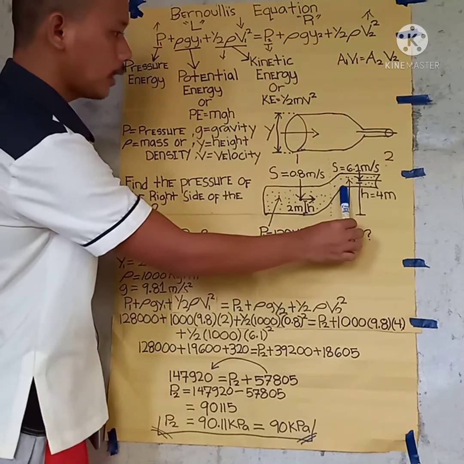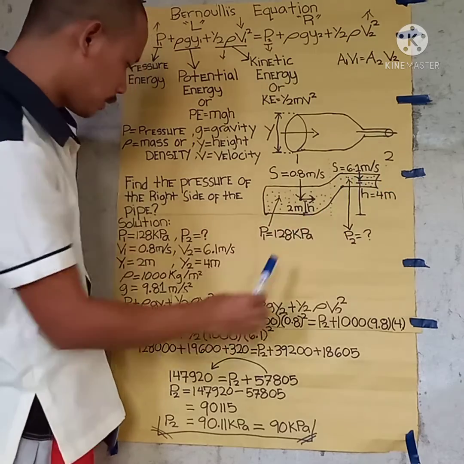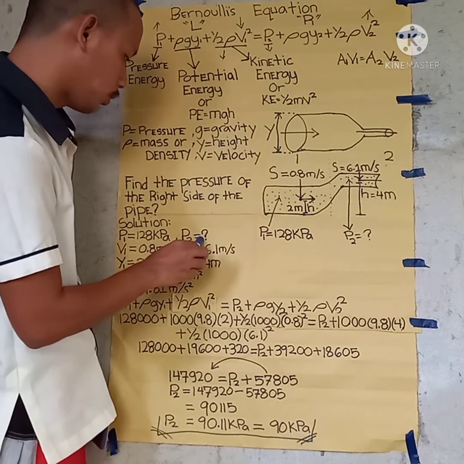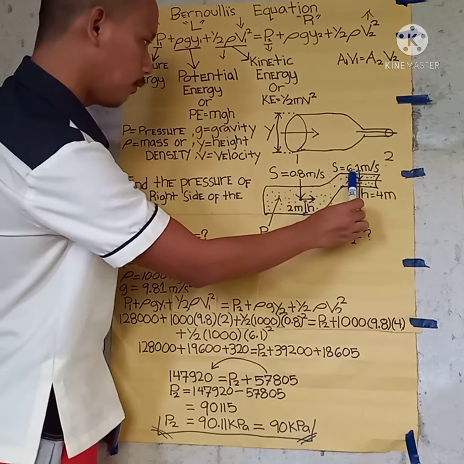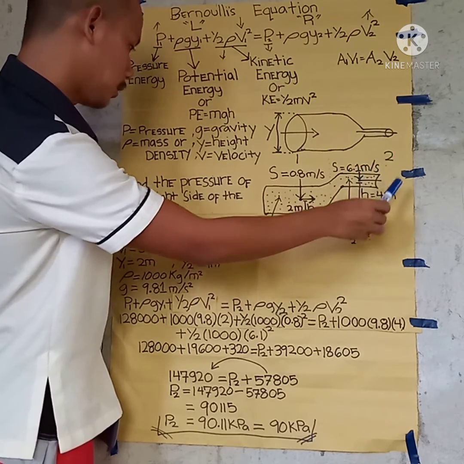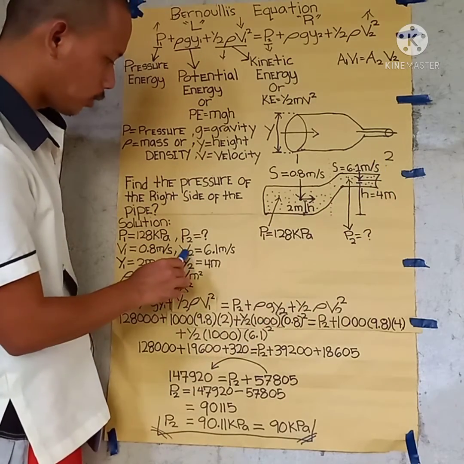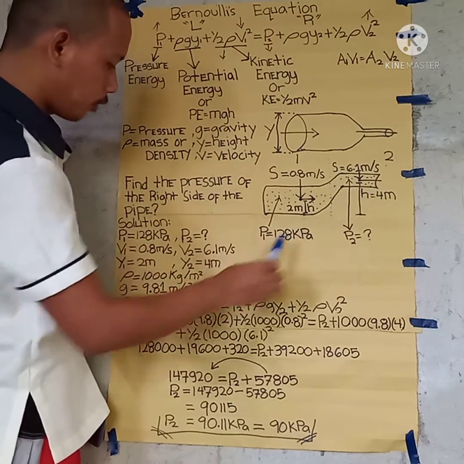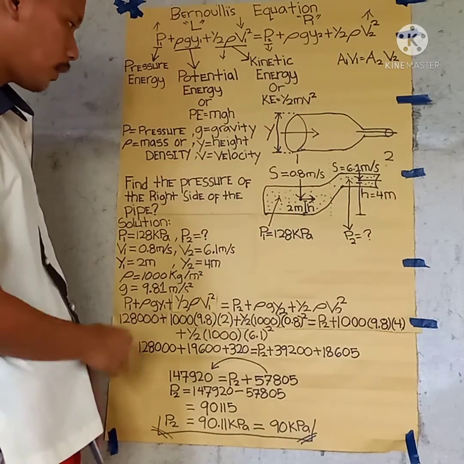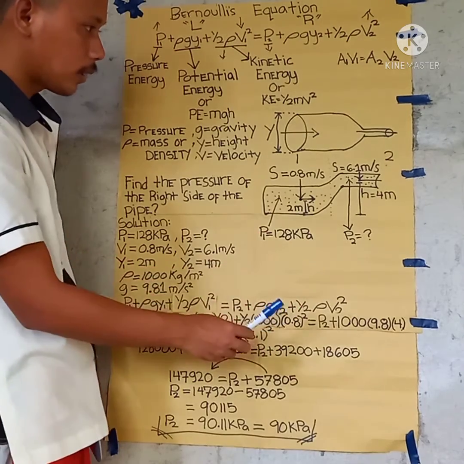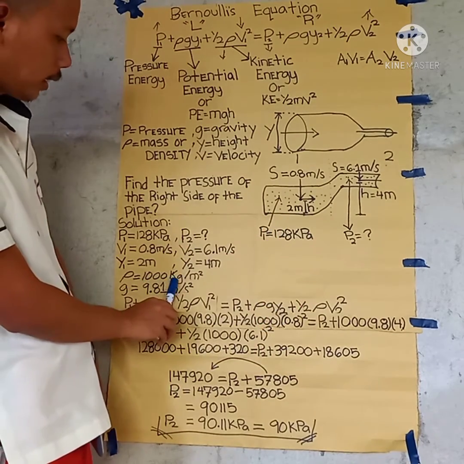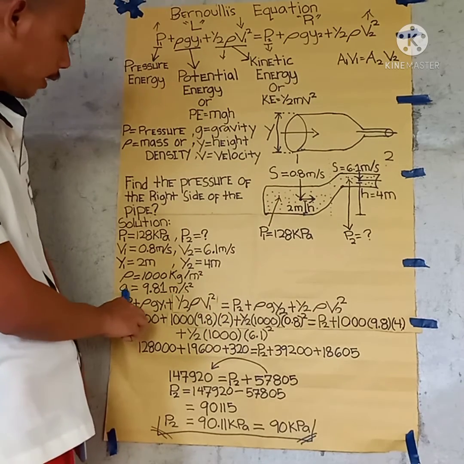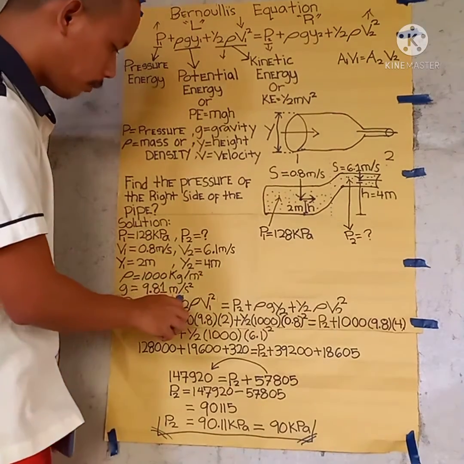Ang sa right side, ang pressure 2 ato pangitaon, nasa kay given nga 6.1 meter per second sa right side of the pipe ug height sa right side of the pipe nga 4 meter. So ang density sa water or sa fluid which is 1,000 kilogram per cubic meter ug ang g naman is 9.81 meter per second squared.